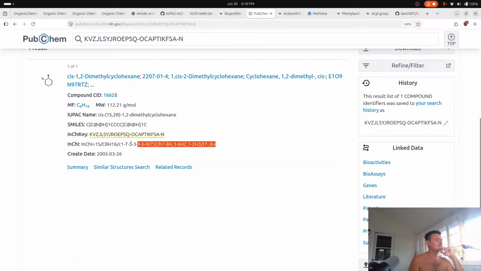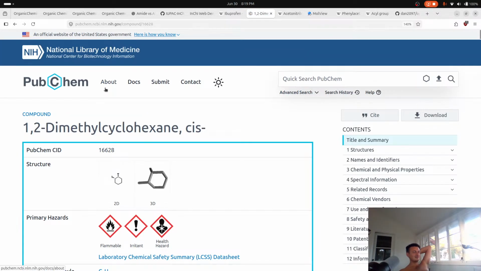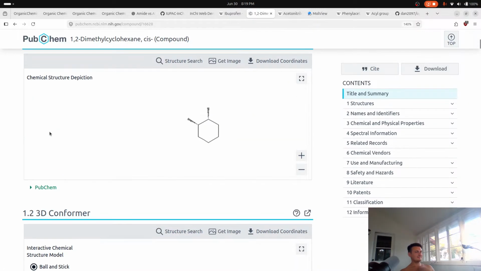Wait, oh, see, that's the interesting thing. I don't know how they're doing this hashing, but for some reason the InChI didn't work, but the InChIKey worked. And importantly, the stereochemistry was right.